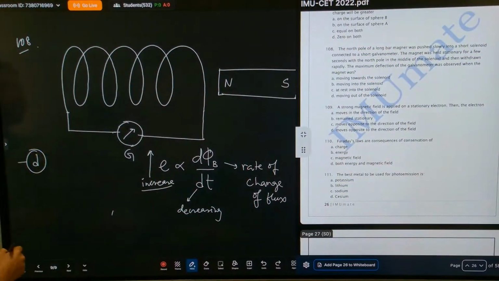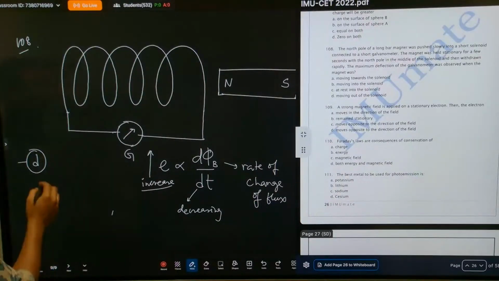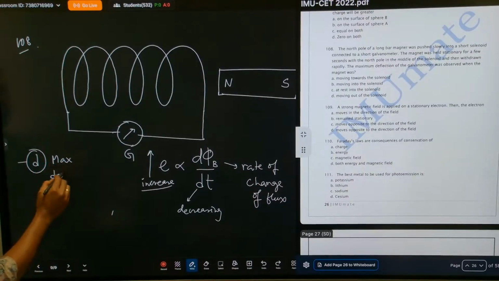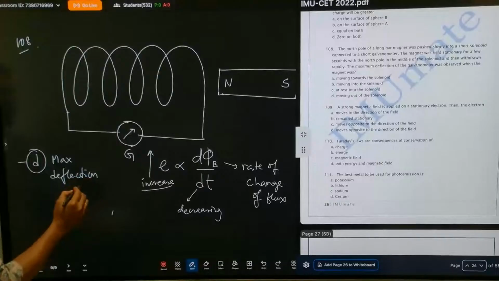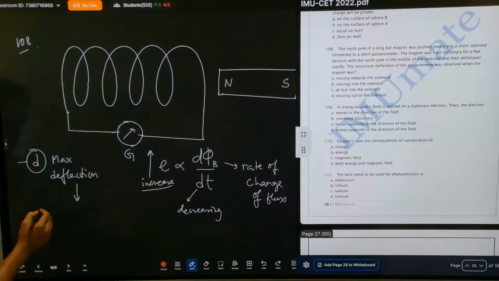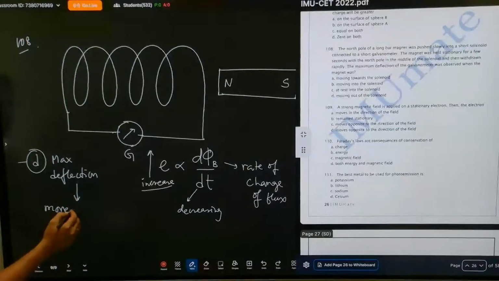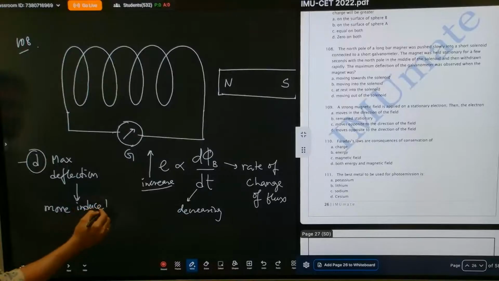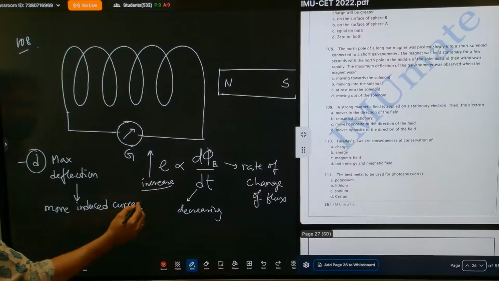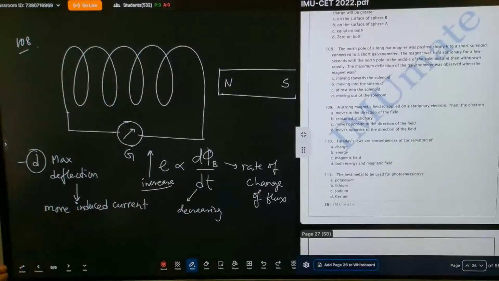more EMF. Maximum deflection, look, I will write this down, means more induced current. Maximum deflection means more induced current. It means more induced EMF.